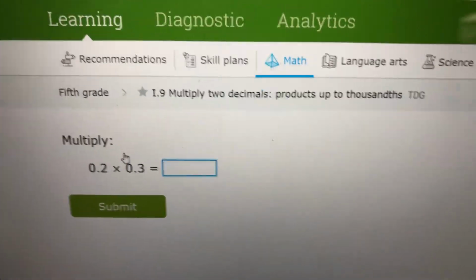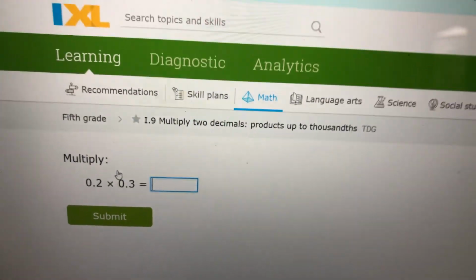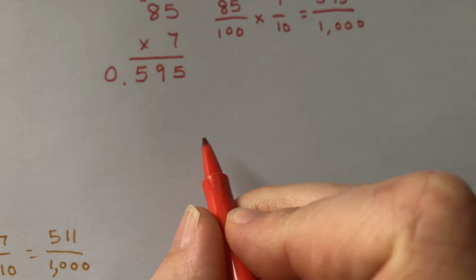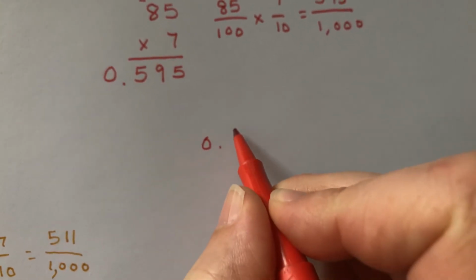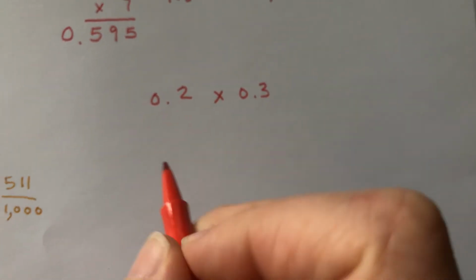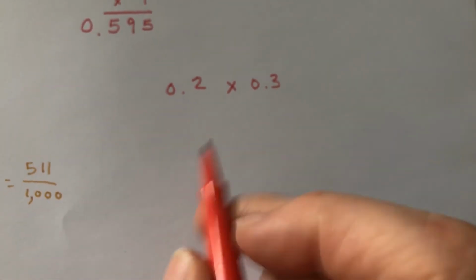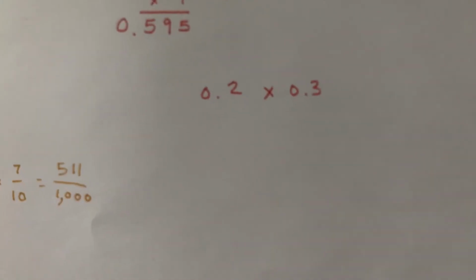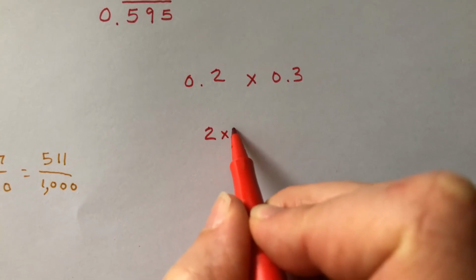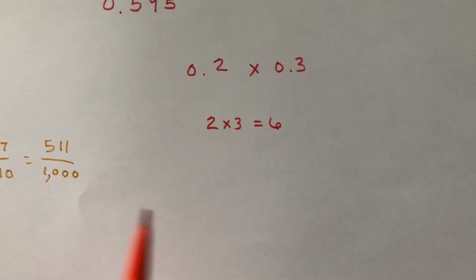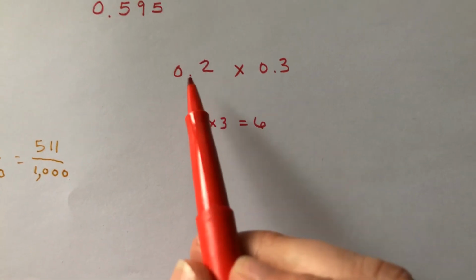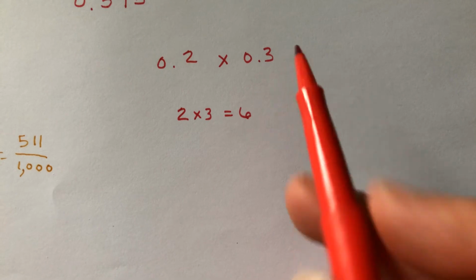All right, let's do one more. So this is 2/10 times 3/10. So we're going to multiply as if there's no decimal here. So we have 2 times 3 equals 6. And then we count up how many numbers are to the right of the decimal. So 1, 2.